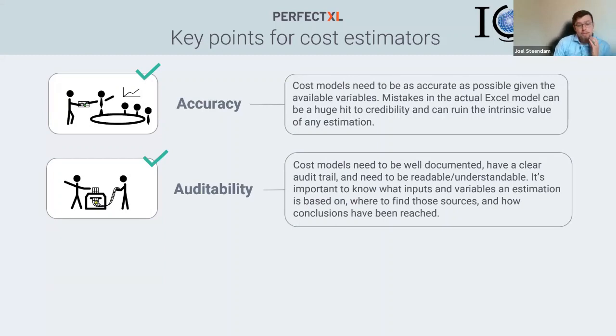Another element is auditability. I think we all know when developing Excel models that documentation is often looked at secondarily, where you're trying to get this end total, a summary or a graph overview. What's often forgotten is that Excel models also need to be understandable for others.